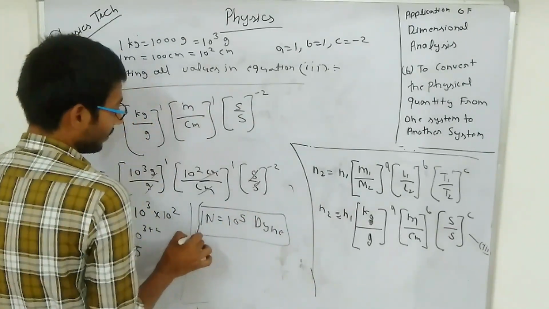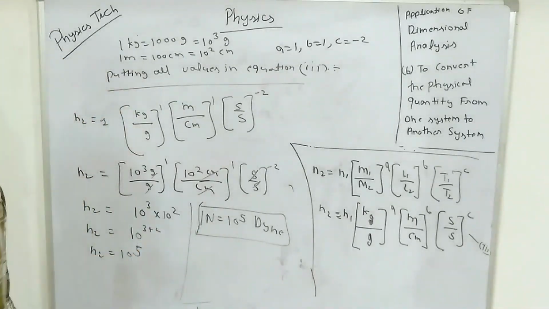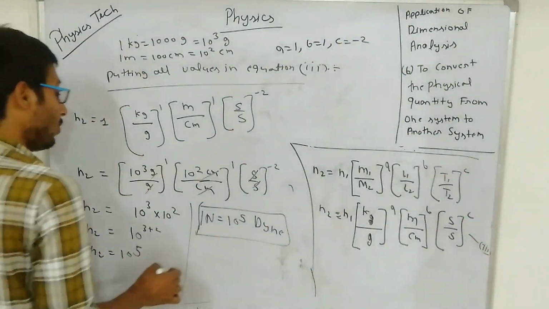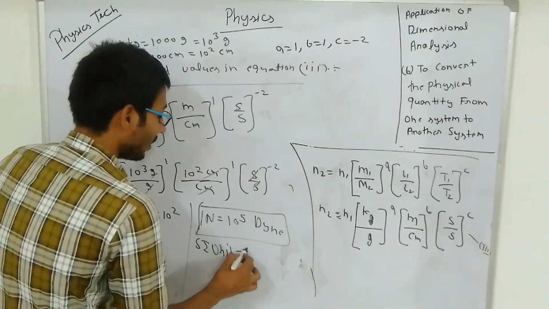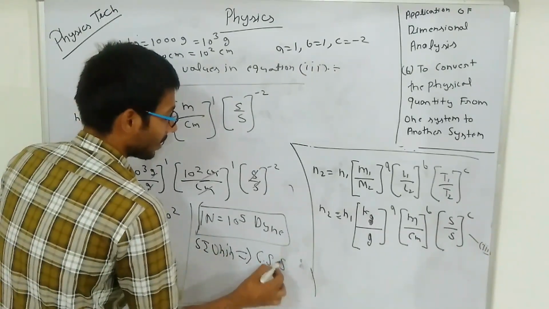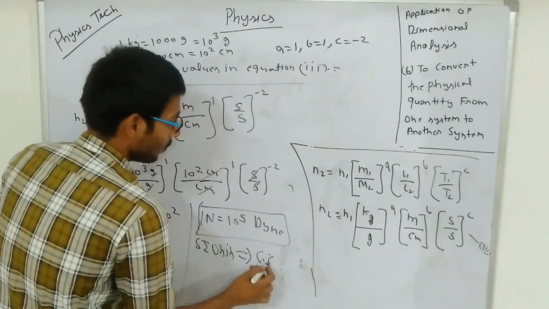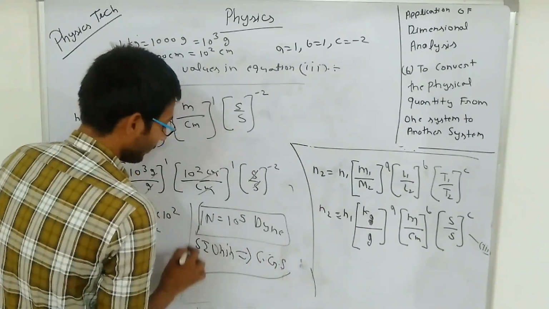Then we have converted 1 Newton, the SI unit, into the CGS unit.